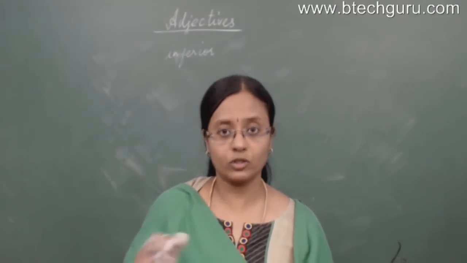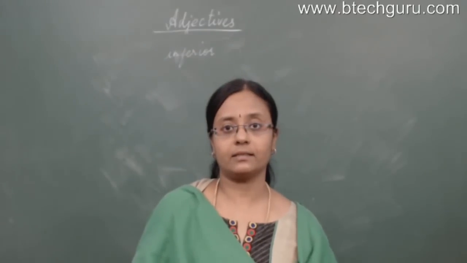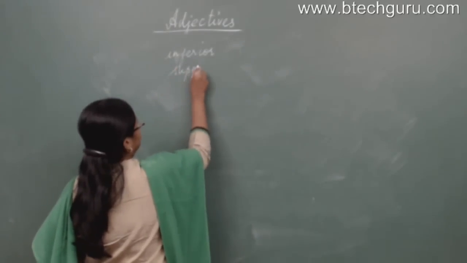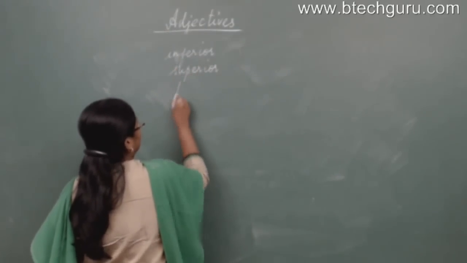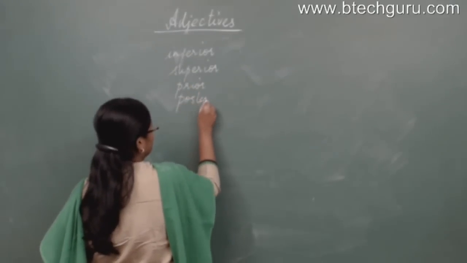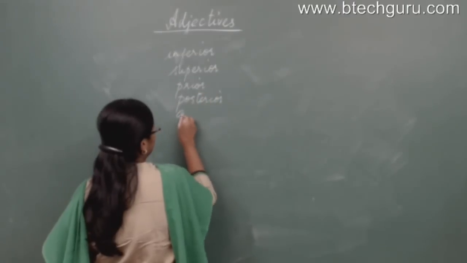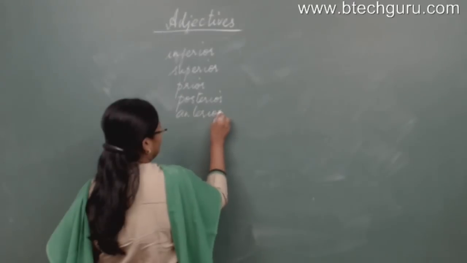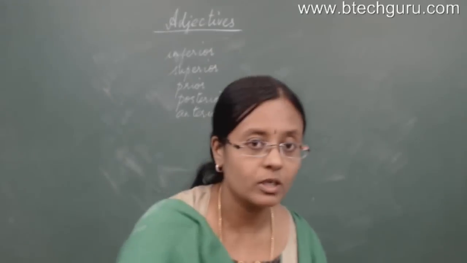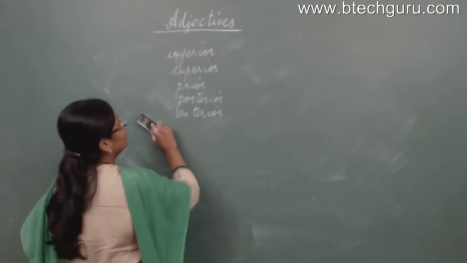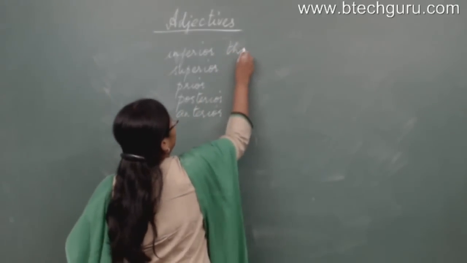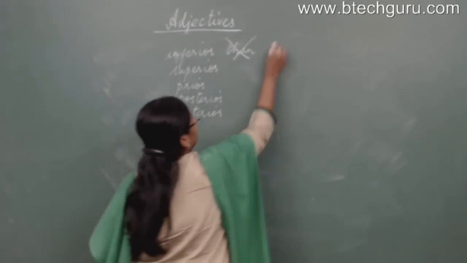Instead, we should say, this is inferior to that. Superior to, inferior to. Prior to, posterior, anterior, right? So there are some words where you have to be careful. Don't use the word than, right? Now to make it clear, you can see inferior than is wrong.